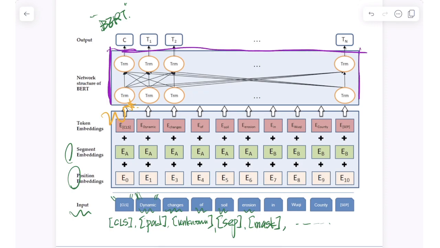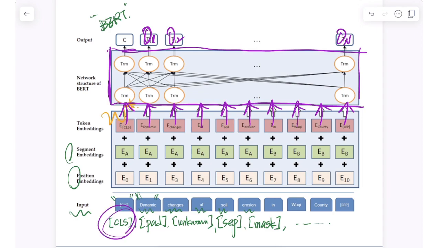It is very similar: we have input for each word piece, and for each word piece there should be a corresponding output. I write O right here: output 1, output 2, output N if we have N tokens. And at the very beginning, the first token should be CLS. As mentioned, CLS is the beginning of a sentence.